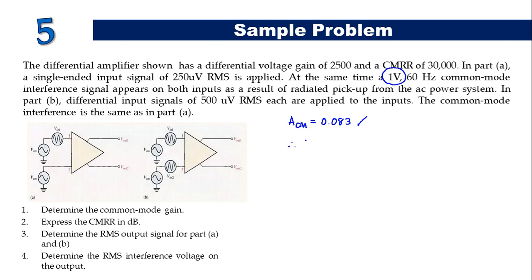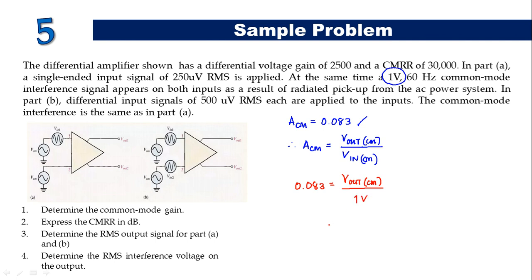The common mode gain, in simplest terms, is equal to the voltage output divided by the voltage input ng ating mga common mode signals. Right? So, if we have 0.083 as our common mode gain and hinahanap natin yung voltage output ng ating common mode, and we have a signal input of 1 volt.